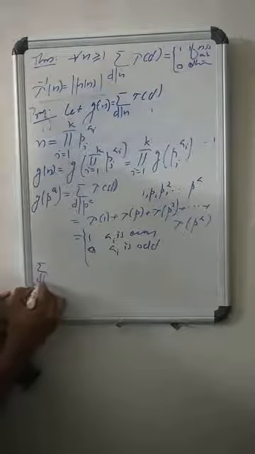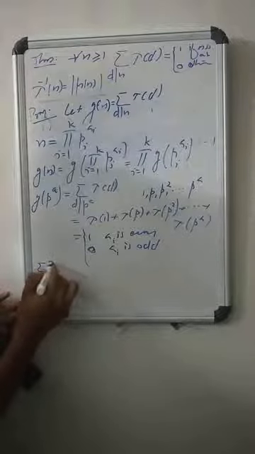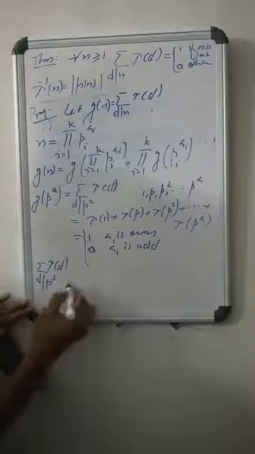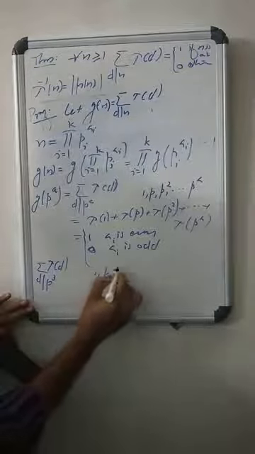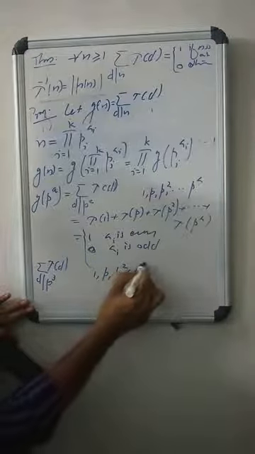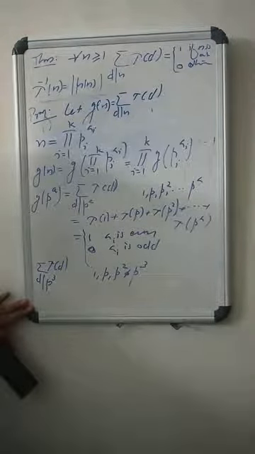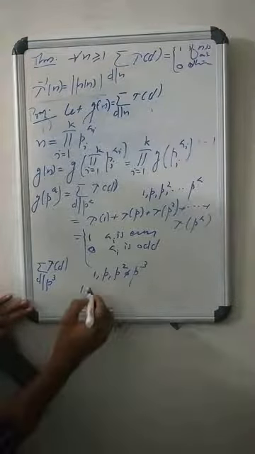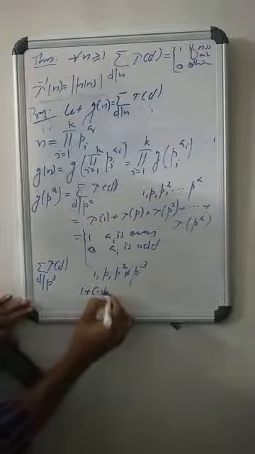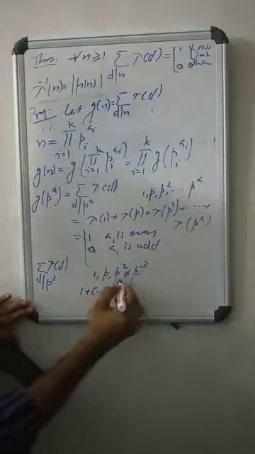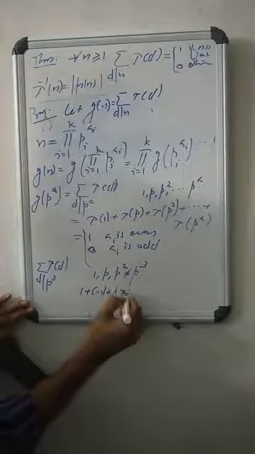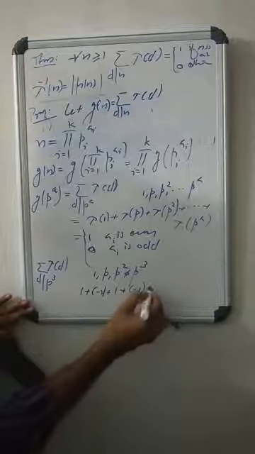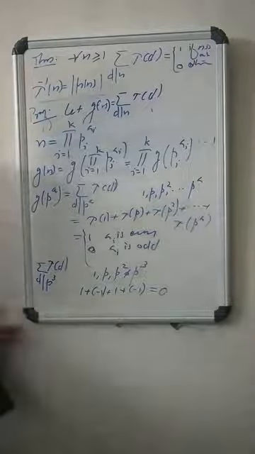The sum over d dividing p cube of lambda(d): the divisors of p cube are 1, p, p square and p cube. So it is lambda(1), which is 1, plus lambda(p), which is minus 1, plus lambda(p square), which is 1, plus lambda(p cube), which is minus 1. So it is 0.